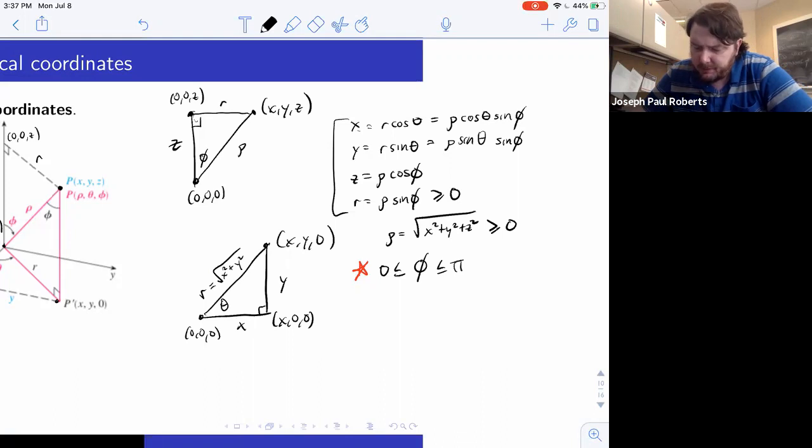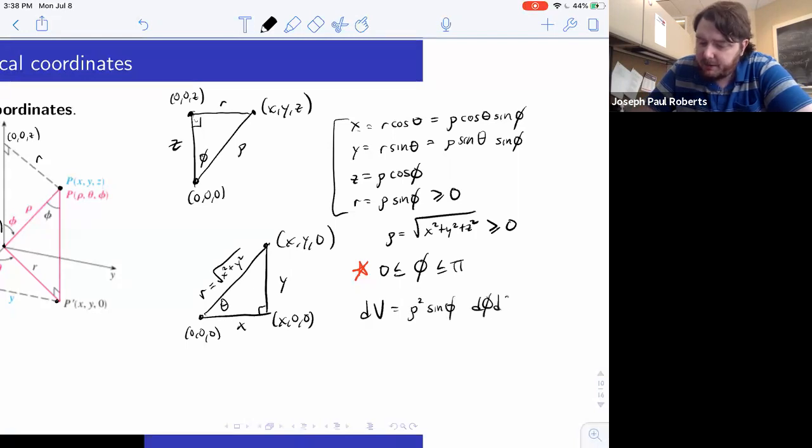What else is important to know? So I think I'll show you guys tomorrow where these calculations are coming from. It's going to be an optional topic that we won't quiz you on or test you on, but it turns out that dV for spherical coordinates is rho squared sine phi d phi d theta d rho.